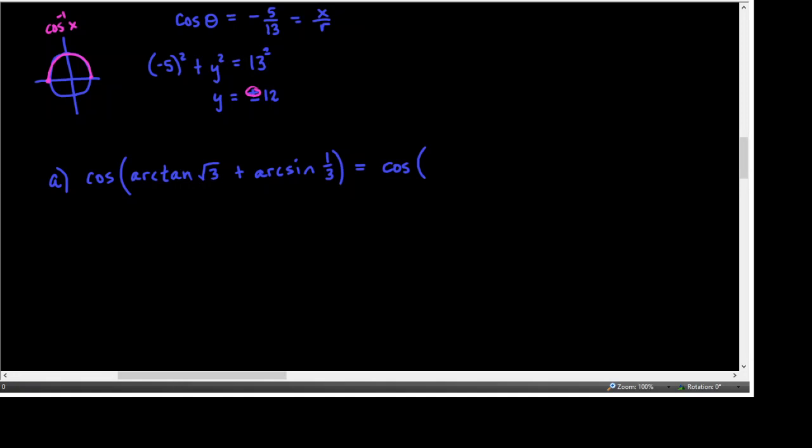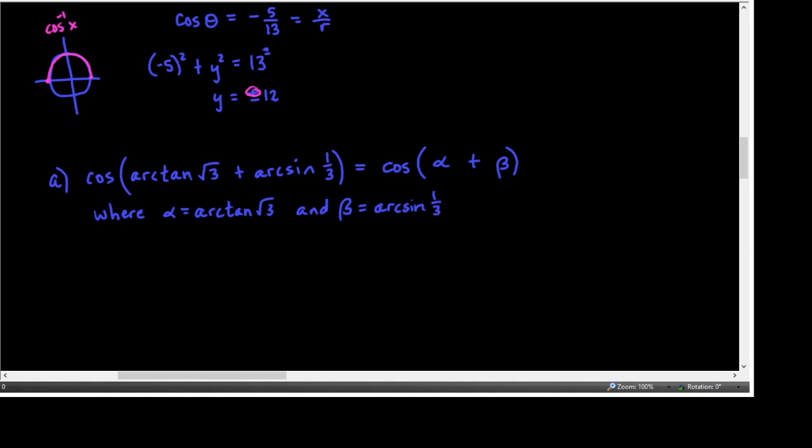inverse trig functions. And so I'm going to call the first one alpha. That's the name of an angle. I'm going to call the second one beta, or whatever two letters you happen to like today. I'm going to use alpha and beta, where alpha is replacing arctangent of square root of 3, and beta is replacing arcsine of 1/3.